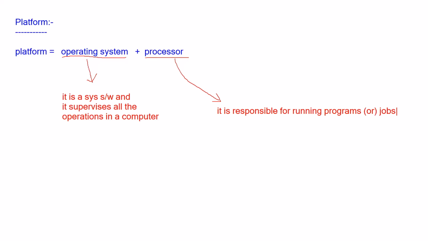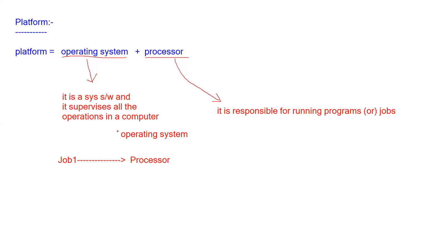And not only that, suppose there is a job, for example job one. This job one should be run by the processor, and for that purpose, it has to get the instructions from the operating system.